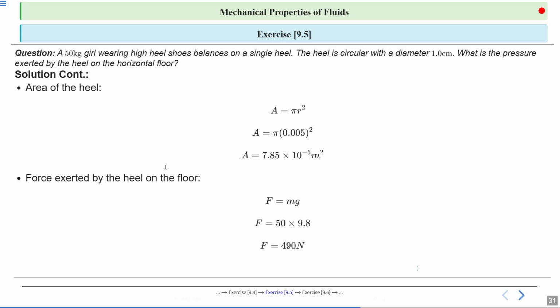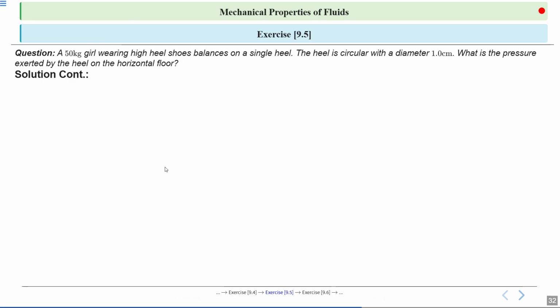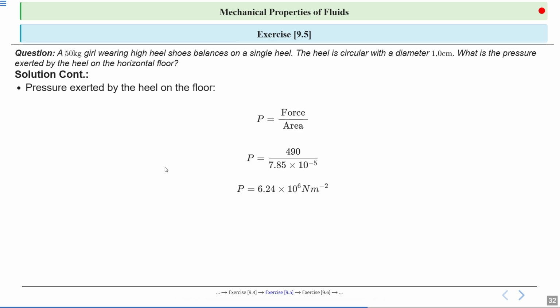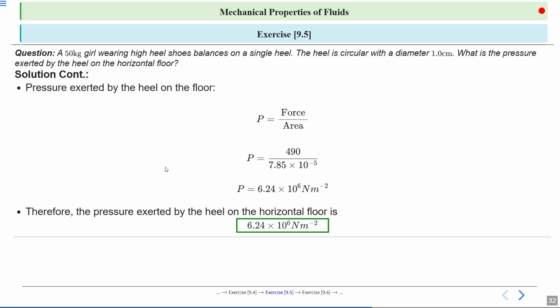Alright. Now, pressure exerted by the heel on the floor will be force upon area. So just substitute the value, 490 divided by 7.85 into 10 raised to the power minus 5. Solving this, you will get 6.24 into 10 raised to the power 6 Newton per meter square. Therefore, the pressure exerted by the heel on the horizontal floor is 6.24 into 10 raised to the power 6 Newton per meter square.